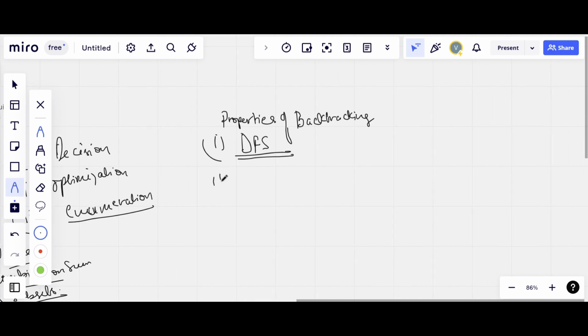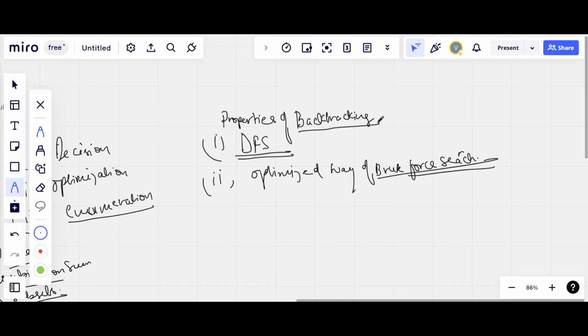And second, it can be called an optimized way of brute force search. Brute force explores all the possible solutions, but as we saw, backtracking abandons the candidate for a solution as soon as it finds that it cannot lead to a feasible solution.